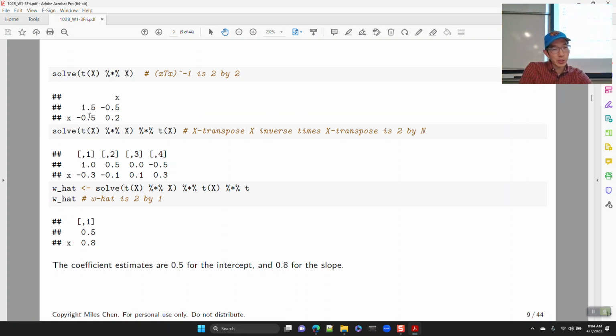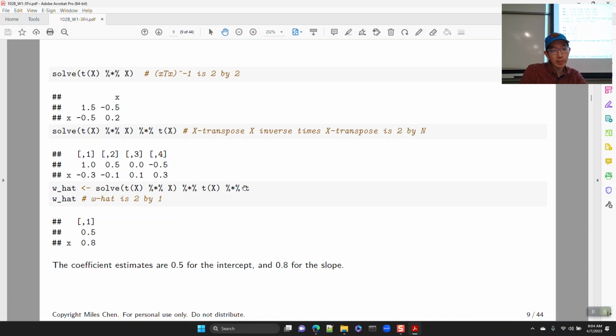This feels weird, but the inverse operation in R is solve. Then we multiply that by the transpose of X, which will give me a 2 by 4, or 2 by n, matrix.